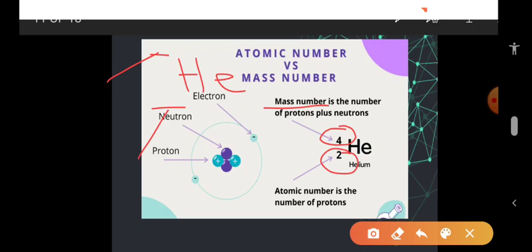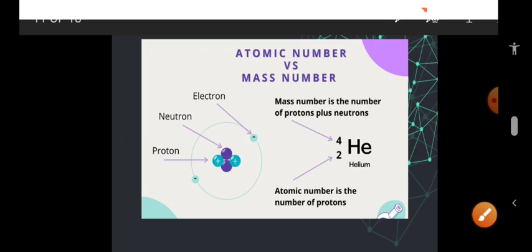And if we write any number at the bottom, that is atomic number. This is the difference between them. Now let me repeat. Atomic number means the number of protons present in an atom. Mass number means the total number of protons plus the total number of neutrons.